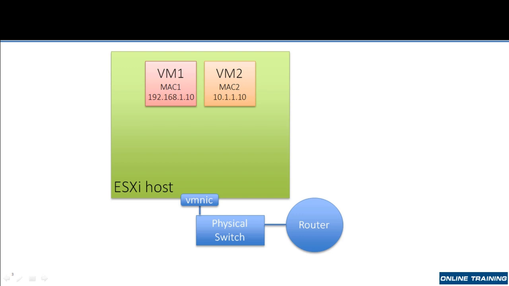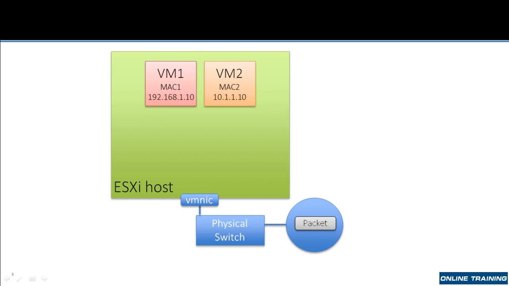But in order for those virtual machines to communicate with each other, their traffic needs to be routed. A router is what interconnects these different networks. So for VM1 to communicate with VM2, it is going to generate a packet and send that packet to its default gateway, which is this physical router.